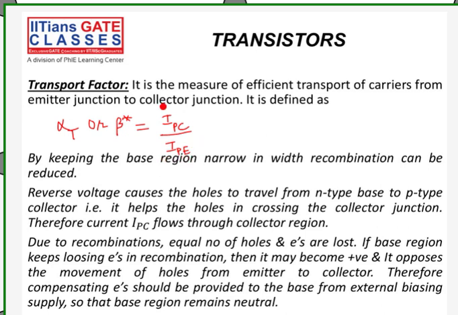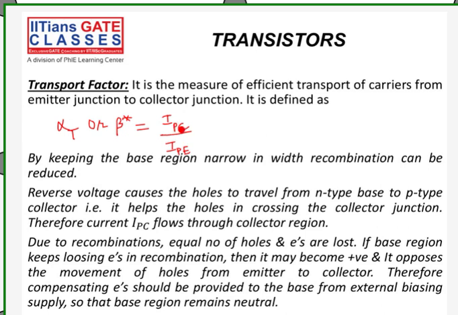We can see IPC is always lesser than IPE because IPE is the maximum value. Few holes are recombined in the base region. So out of 100, only 2 are recombined in the base region and 98 reach the collector region. So 98 divided by 100 will be my transport factor. That is represented by IPC divided by IPE.